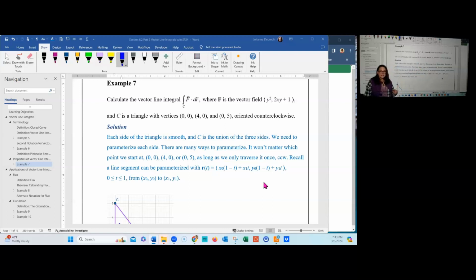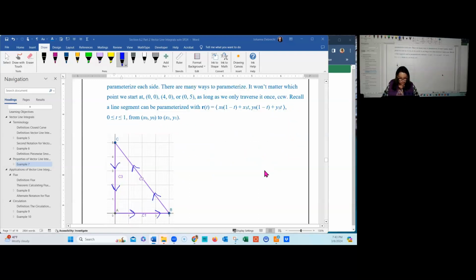Now, one of the things to note about this is that because it is a triangle, it has 3 corners, and because it has 3 corners, it is not completely smooth. We will label the 3 line segments as C1, C2, and C3.